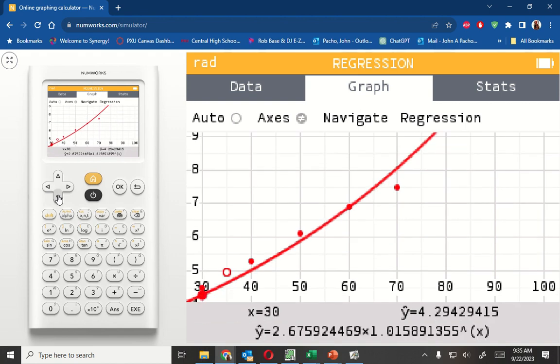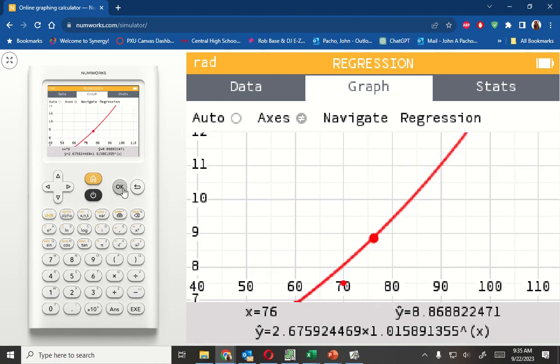I hit down arrow so it selects on my line, so you could actually see the x's and y's now. At 76, what is the y value going to be on my exponential? 2.68, no, that's the equation. 8.867. Okay, 8.869, right? Or 8.867, either way.